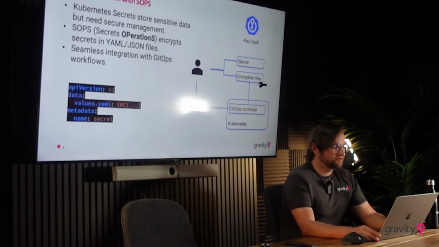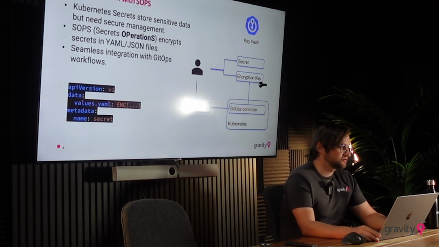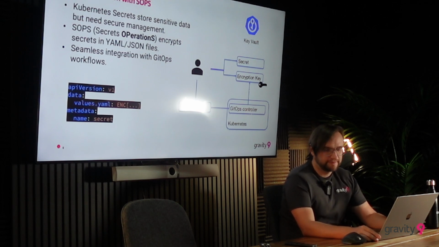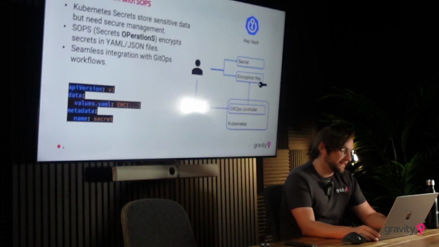One of them is to use secret protection with SOPS. SOPS is a short form of Secret OPerationS, and it works well with GitOps. The design is that we encrypt our secrets, storing them in the Git repository. The encryption key is stored in the Vault, where only a limited number of accounts can access it.